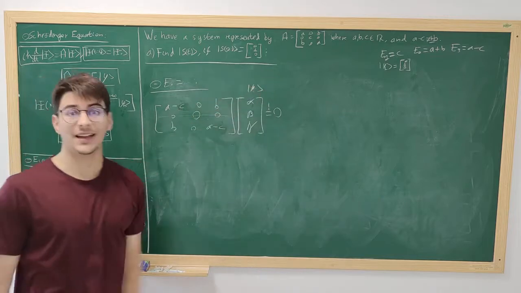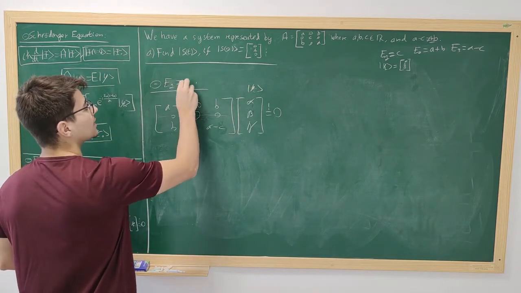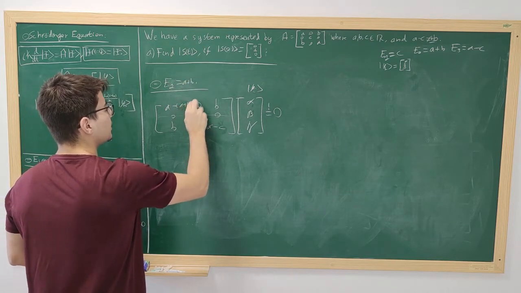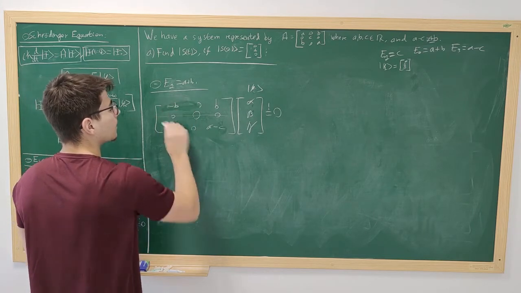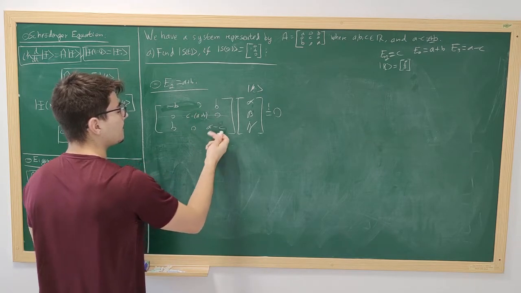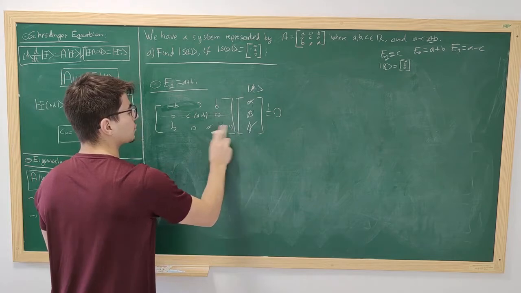So instead of C, E2 is A plus B, so we have A plus B, but this is just minus B. C minus A plus B, and A minus (A plus B) is just minus B again.